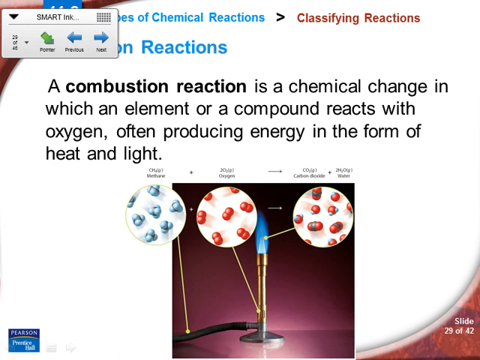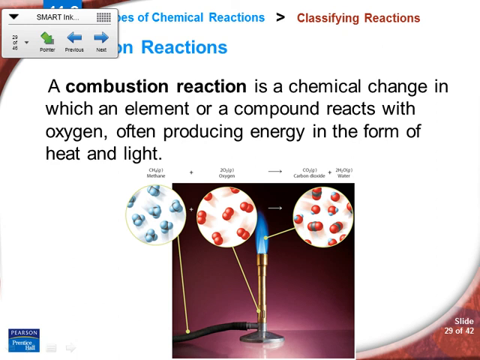Last one is combustion. I don't really have a relationship analogy for this one. I'll show you the general form, and you can decide if maybe one idea works.